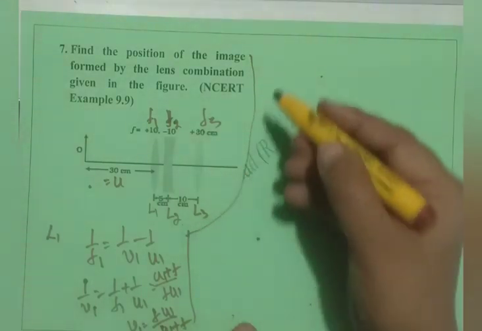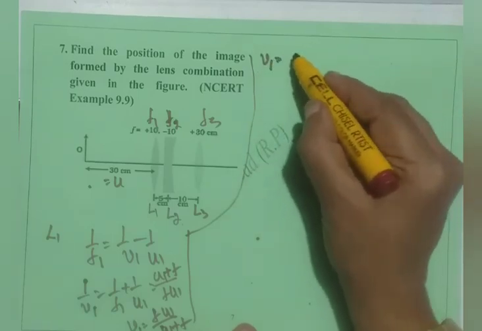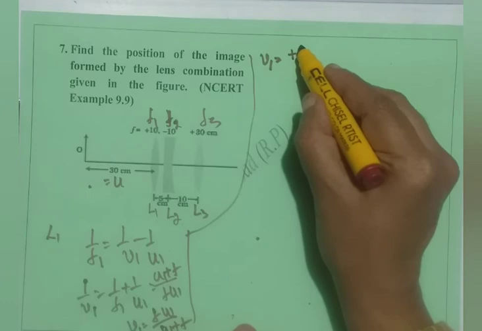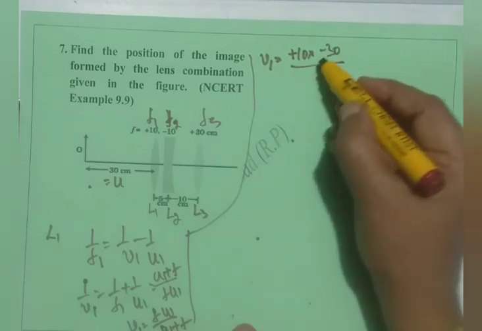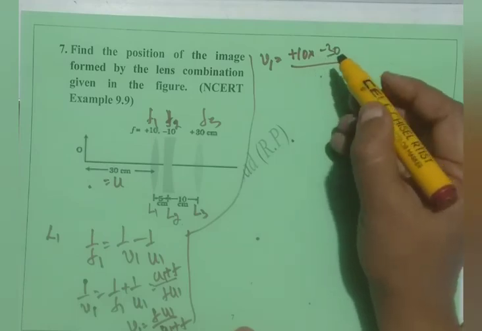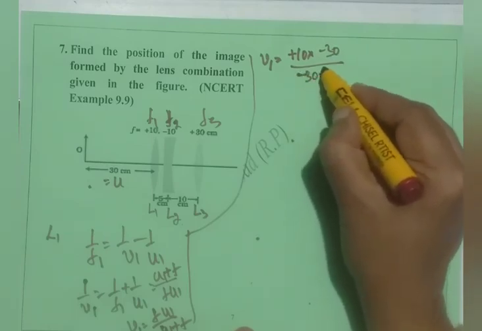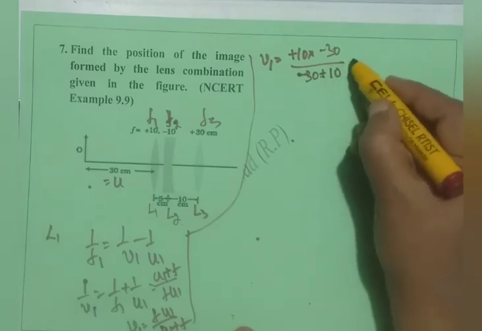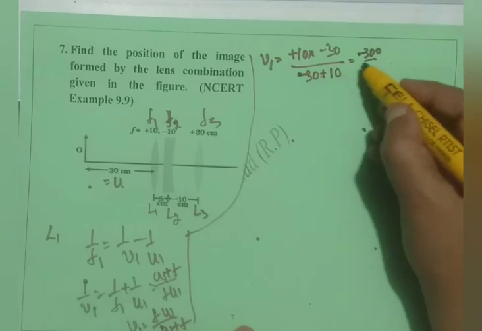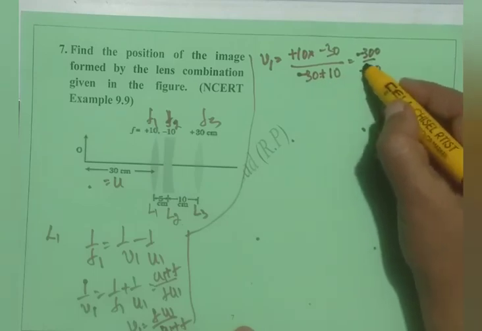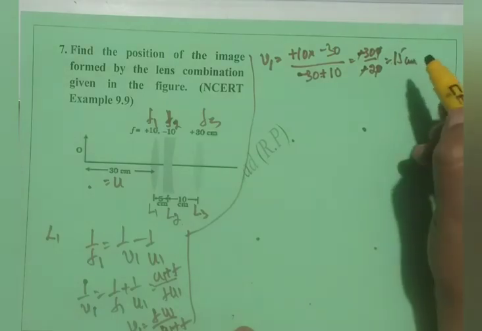Therefore, first we calculate V1. F1 is plus 10 into U1 minus 30, divided by minus 30 plus 10. That means minus 300 by minus 20, which is 15 centimeter, positive.